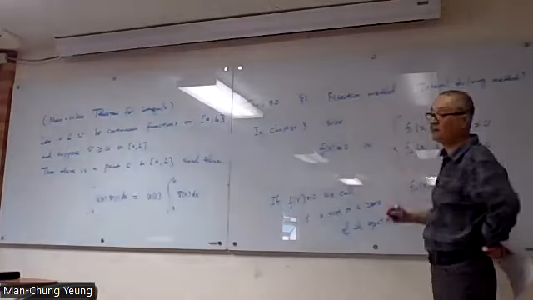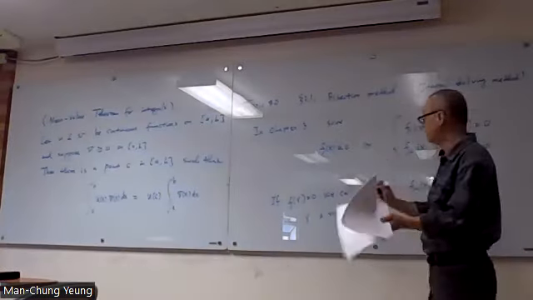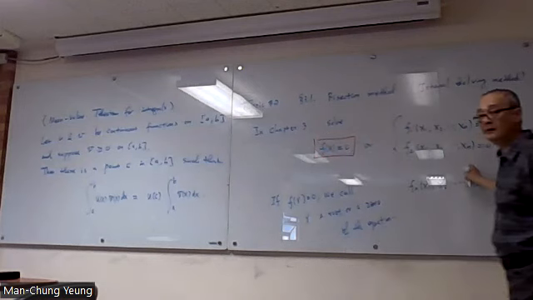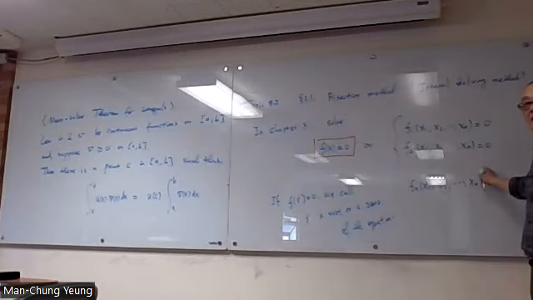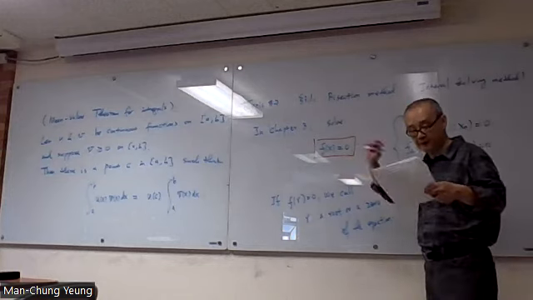Now, the bisection method handles this case, a single equation. Not the system of equations. Only for a single equation.